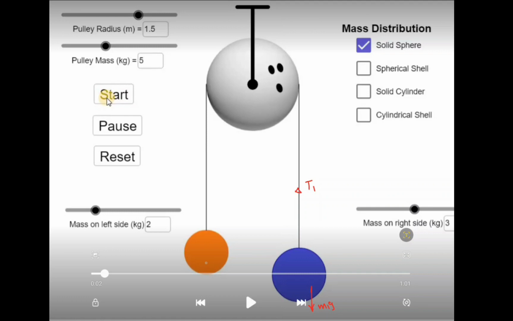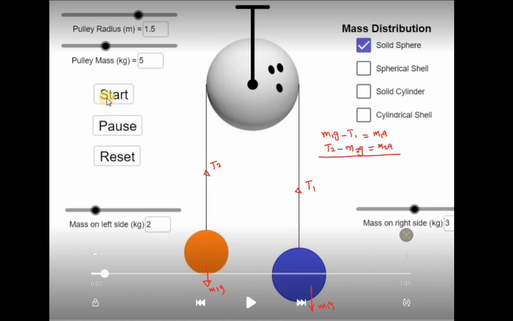Now in this case here we have weight m2g, and this is tension 2. Now let's start the analysis. Sum of all forces here is equal to ma. Now m1g minus tension 1 is equal to m1a, and again this one here, tension 2 minus m2g is equal to m2a.